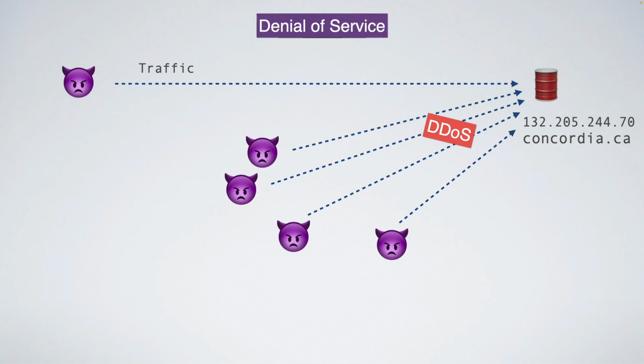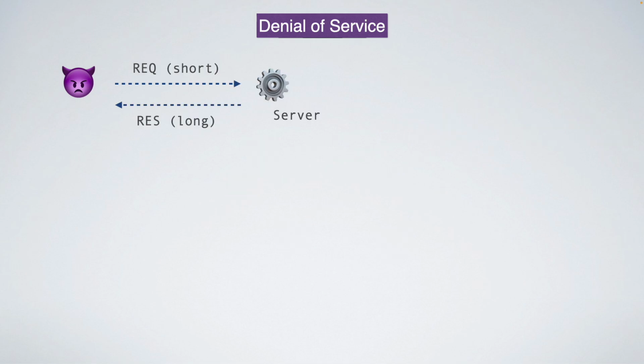But now what Concordia will do is hire someone to sit in front of the server. They'll hire Cloudflare or some big company that does network management for lots and lots of companies, and it's their job to have more bandwidth than any amount of bandwidth that people could throw together into a denial of service attack, and try to mitigate it.